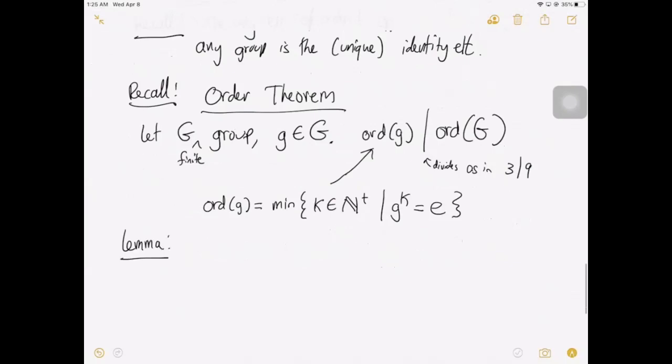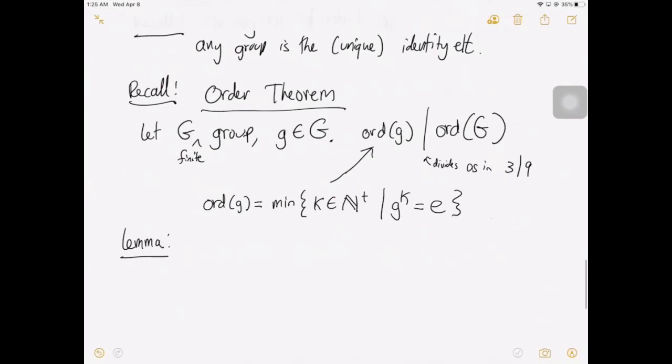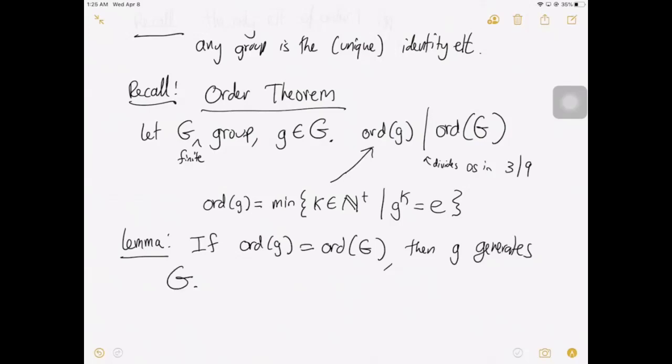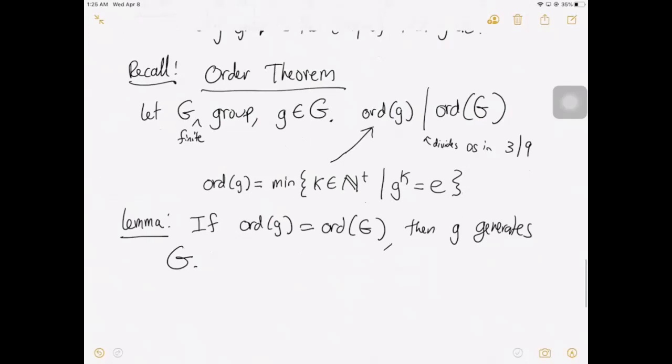This lemma is this: if the order of g is equal to the order of the entire group, then little g is a generator for big G.